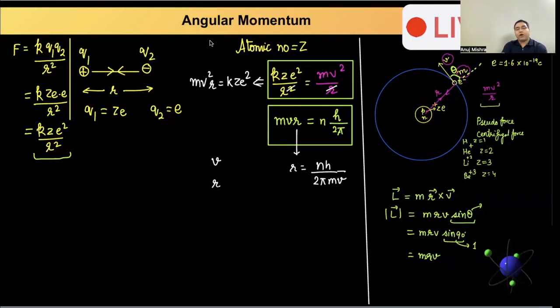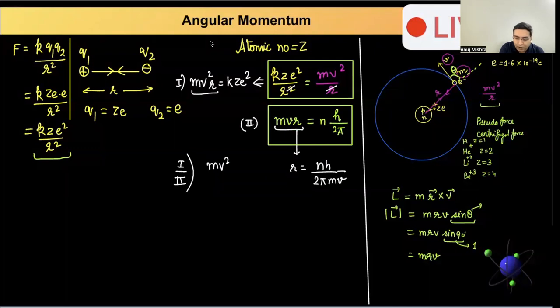So, if you're doing this, mv square R is kz square. That's 1. Okay, so how are you going to solve? Look at the second equation. It is mvr is nh upon 2 pi. I have mv square R and I have mvr. Let's say this is 1 and this is 2. If you do 1 divided by 2, what can we get? mv square R divided by mvr.